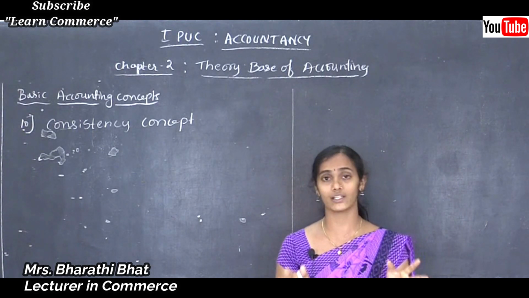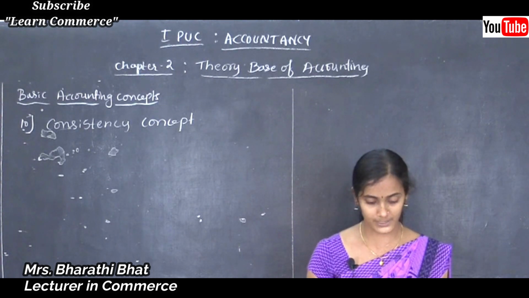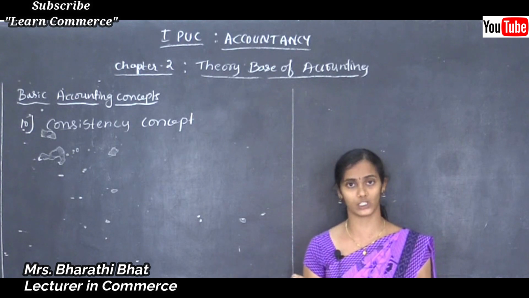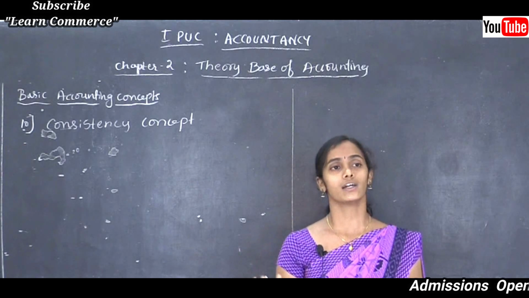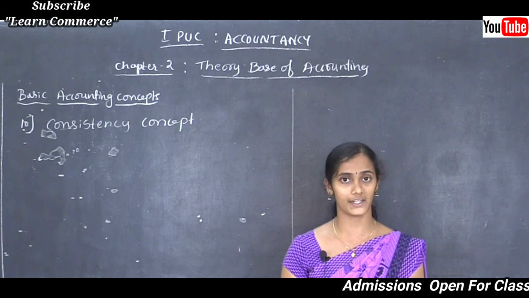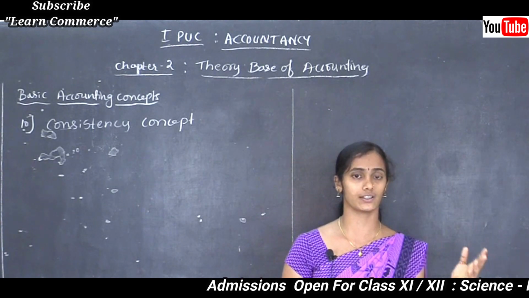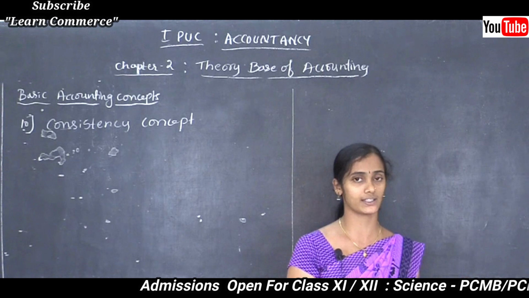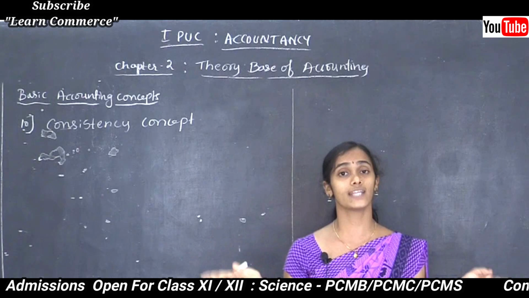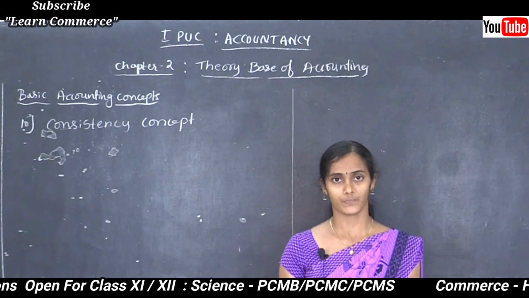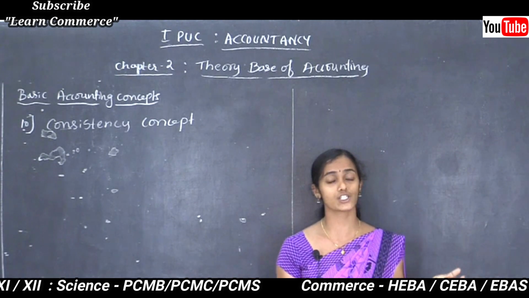Say for example in respect of depreciation, at the time of calculation of depreciation there are two methods to calculate depreciation. If the organization last year was following the straight line method, and this year the same organization is following another method of depreciation, then comparison is not possible. If the investor wants to compare the information, it is not possible.